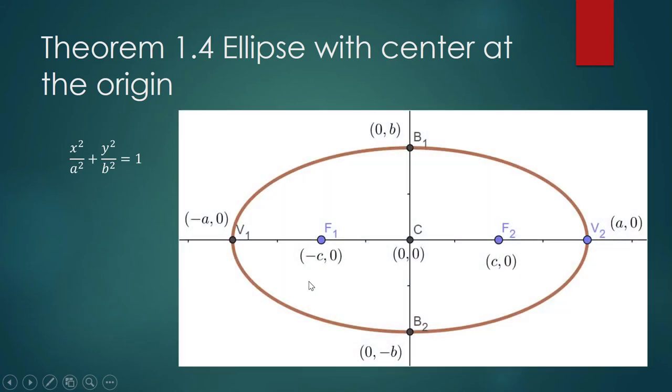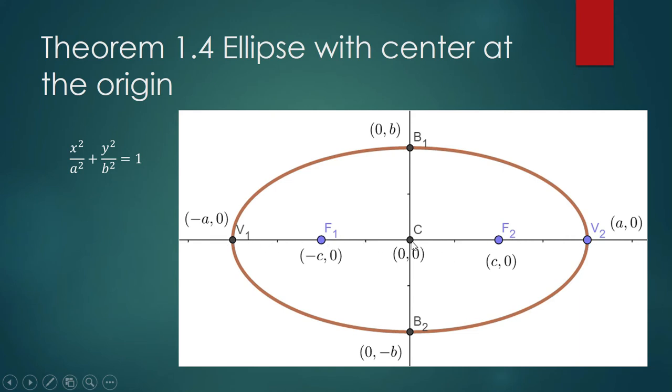Let us look into the coordinates of the important points in our ellipse. This one is an ellipse whose principal axis is horizontal. So this is our center, and this is an ellipse whose center is at the origin. This is 2a, the length of that is 2a.